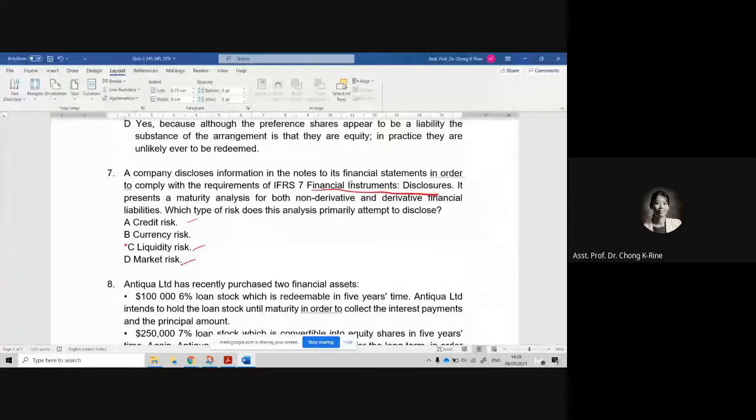So the question here asks about the maturity analysis for both non-derivative and derivative financial liabilities. Okay, so maturity analysis is actually a kind of liquidity risk. It is the risk that the company may have difficulty meeting the short-term obligation after converting the asset into cash.